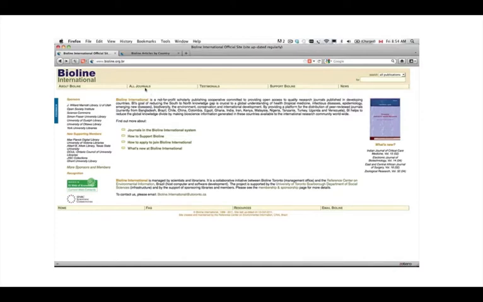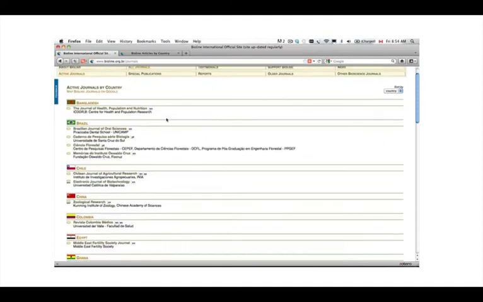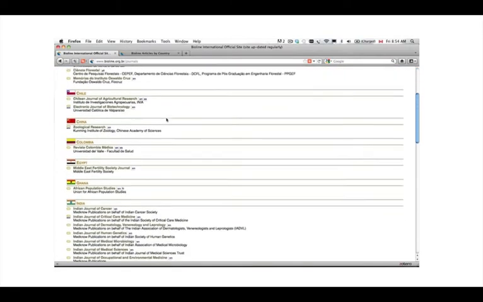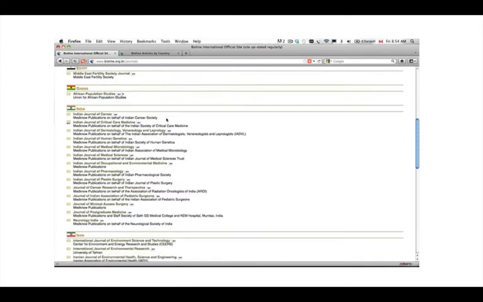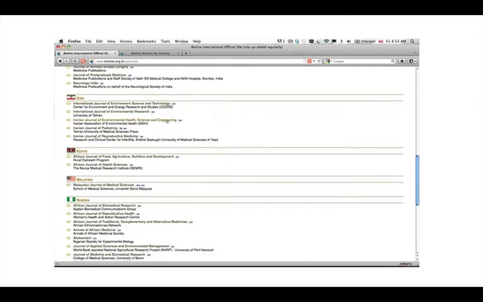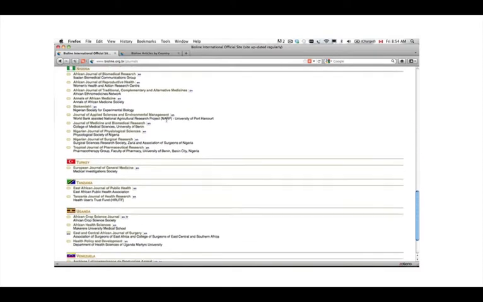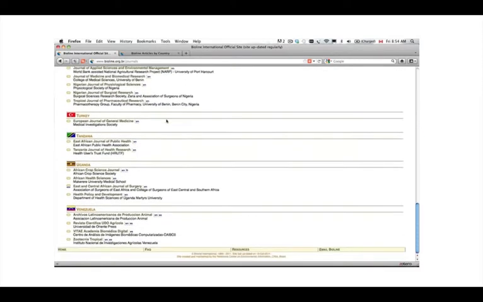Inside the BioLine website, you will find a listing or directory to over 60 journals from various parts of the world, and a number of African countries are represented here. In particular, Nigeria has a fair number of journals, as does Uganda, followed by Tanzania and Kenya.